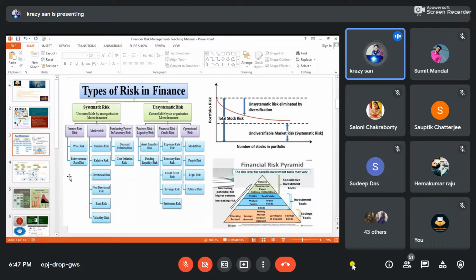So when it comes to portfolio risk and number of stocks in a portfolio, you can see the graph. Systematic risk and unsystematic risk both have to be combined properly and evaluated, so that total stock risk can be calculated. And most of these undiversified market risks are lesser, because those are under the control of a business organization, and unsystematic, that is diversified, are not that good.